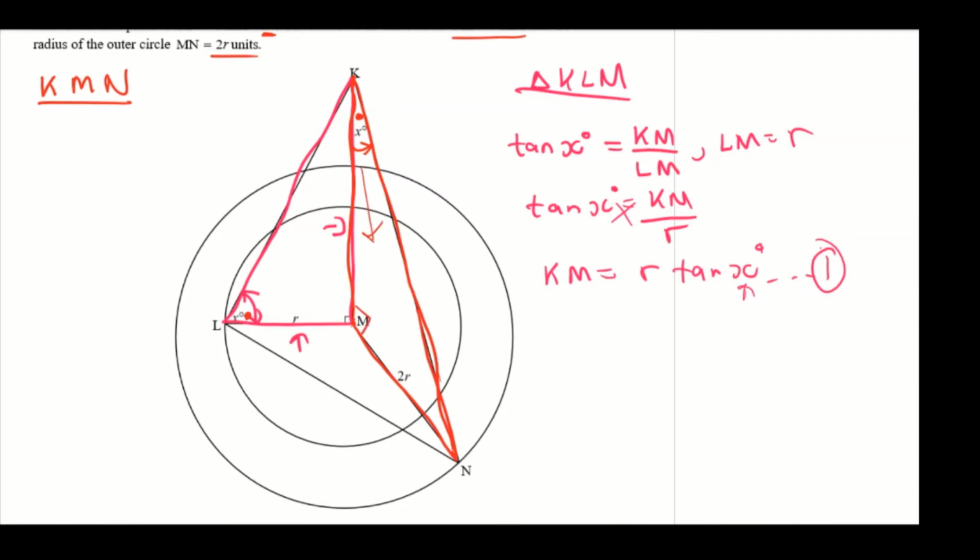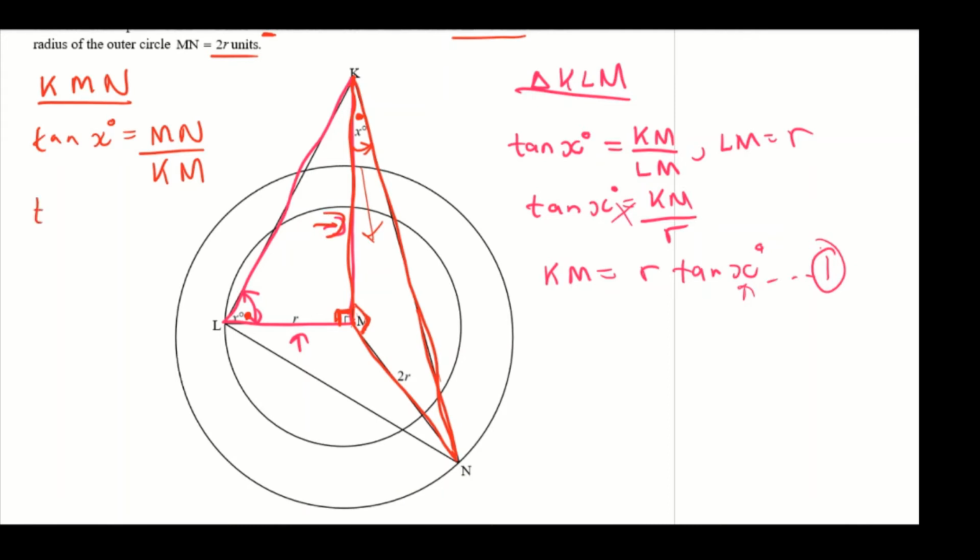Here it's going to be 90 degrees because KM is a vertical, right? So tan of x degrees is equal to the opposite side, which is MN, over the adjacent side of the angle, which is KM, this side here.